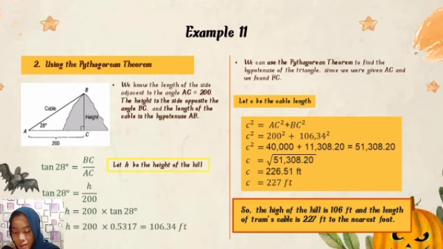So C equals the square root of 51,308.20.